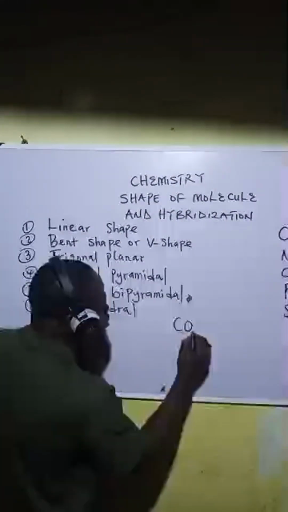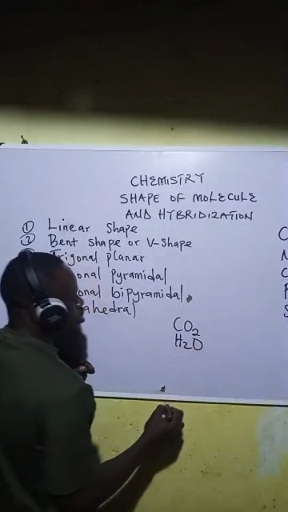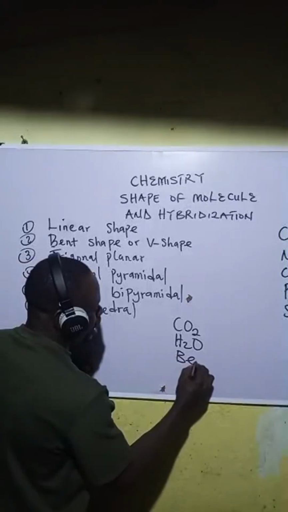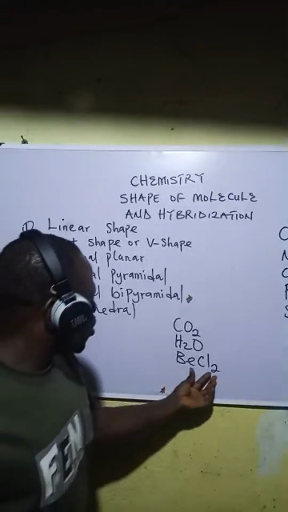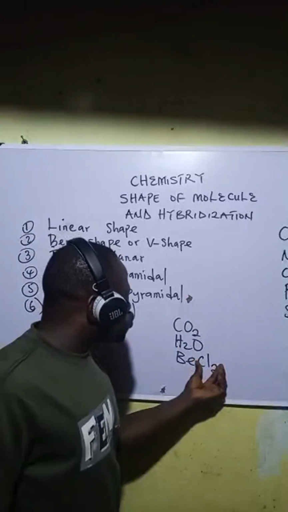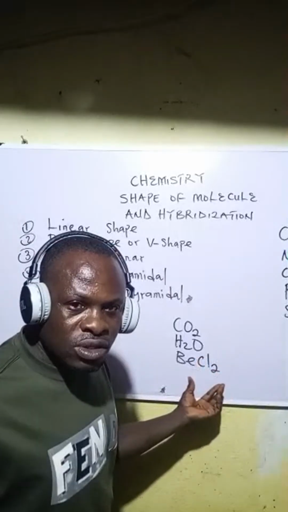For instance, we have CO2, we have H2O, we have BeCl2. Have you seen? This one now, they have two elements, but one having two atoms.